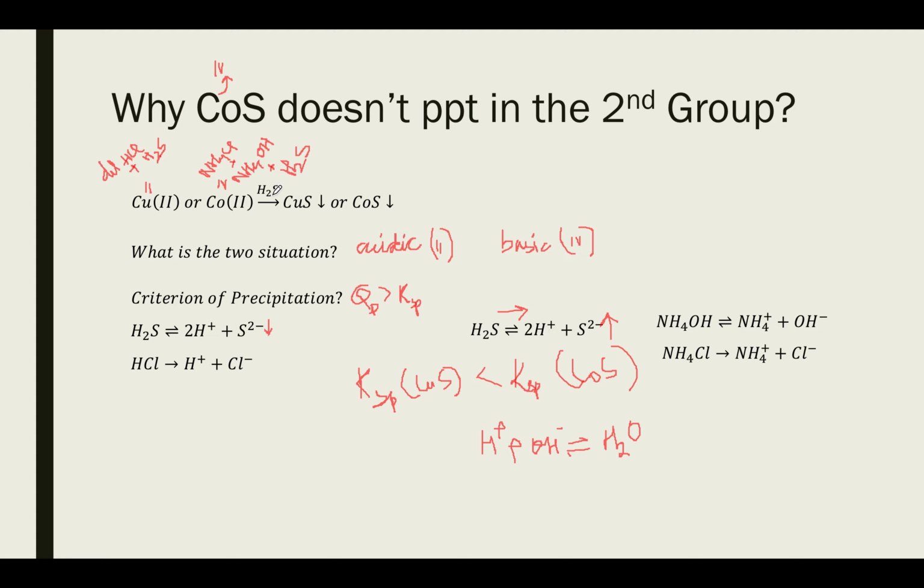So this is the basis of grouping the metal ions into various groups, because it is on the basis of both these facts, the Ksp as well as the common ion effect. Both these factors we take into consideration, and we conclude under which condition which metal ion will be precipitating.